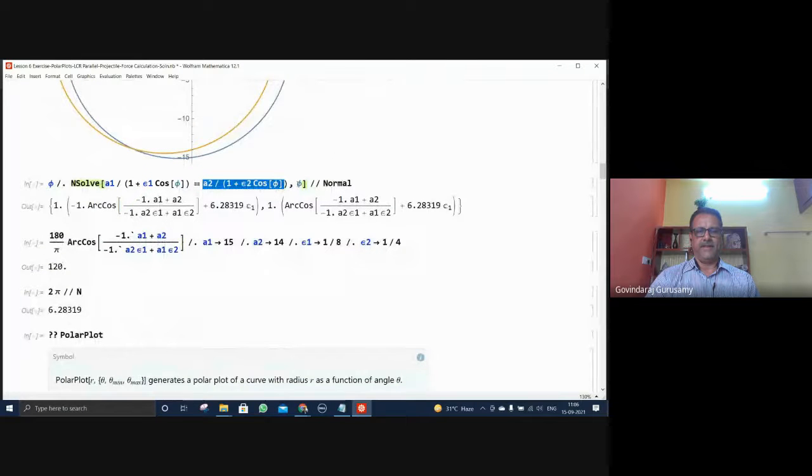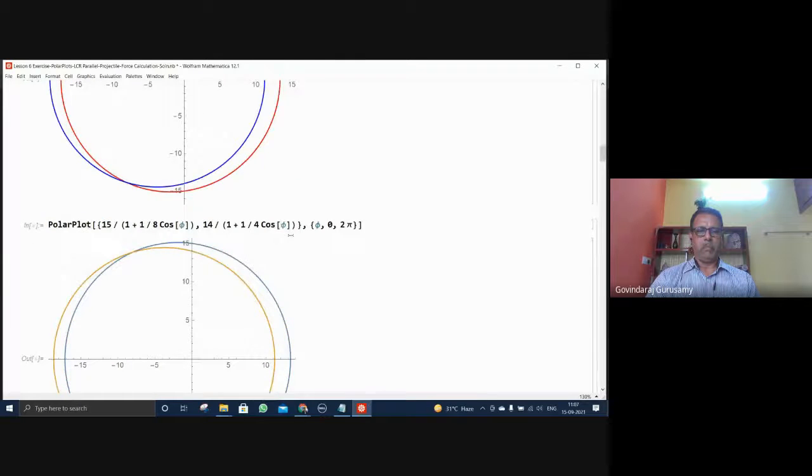So now solve for the pi. I'm getting this number: arc cos of this and arc cos of this. There are two possible roots, and multiple roots are also possible. This number is nothing but 2 pi times some integer; it can repeat again and again. Every 2 pi repeat, you get the same thing back. Now substitute A1, A2, epsilon 1, epsilon 2, which are given in the problem.